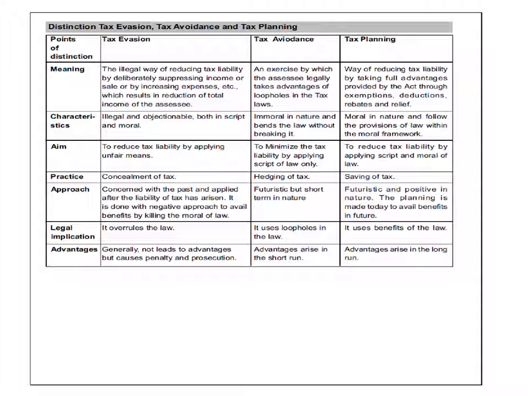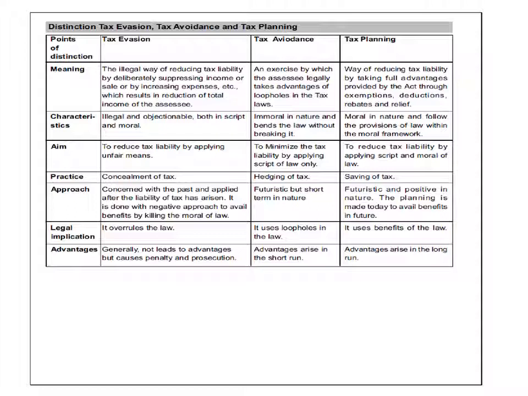You reduce your own taxable income. Next, for tax avoidance, it is hedging of tax. Hedging of tax is also reducing your tax. And for tax planning it is saving of tax. You will save tax. That is your practice.